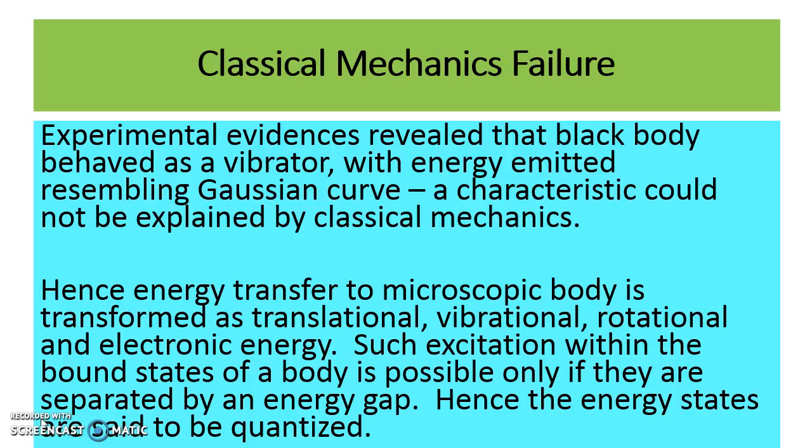In the case of a vibrator, when the energy gets emitted, it does not give rise to a linear relationship, but it resembles a curve which is Gaussian in nature, typically a bell-shaped curve. This characteristic could not be explained by classical mechanics.